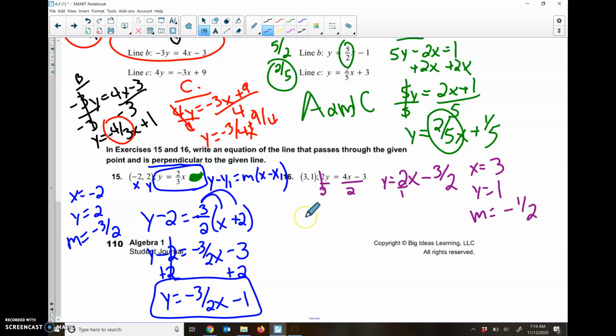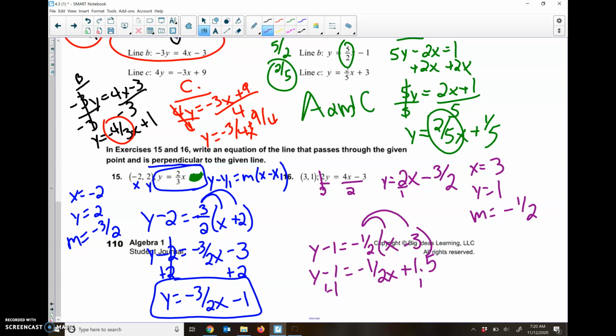So here I'm going to do the same thing. So I'm going to write out my equation. So y minus 1 equals my slope is -1/2, and then x minus 3. Okay, this one might get a little messier because now we got some fractions to deal with. So distribute, I get -1/2 times x is -1/2 x. -1/2 times 3 is a positive 1.5.